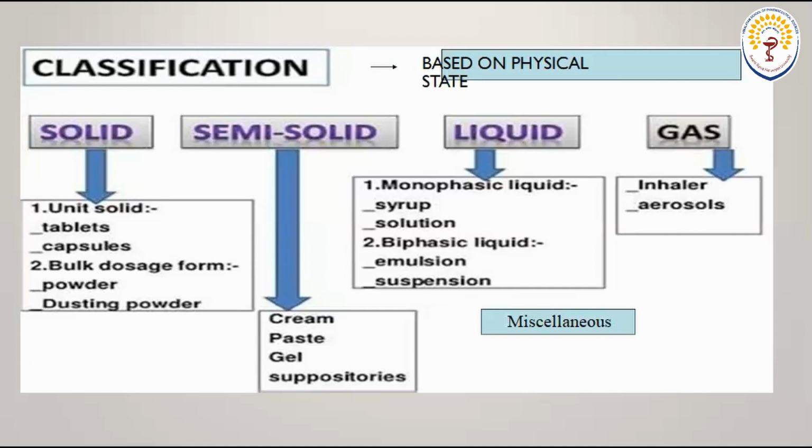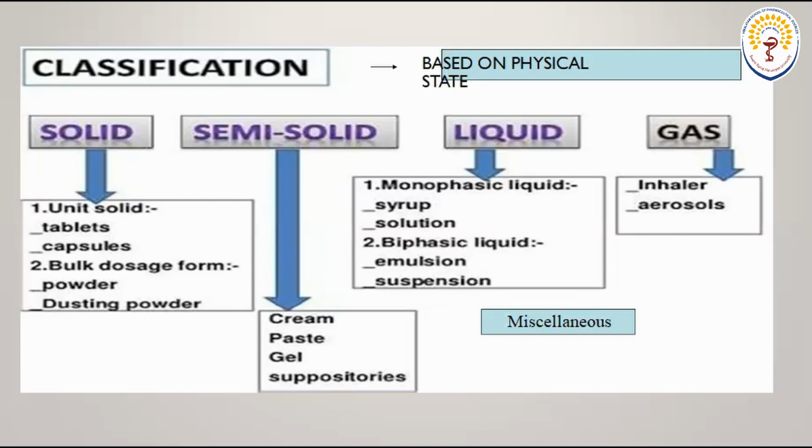Solid dosage forms are those in which one or two medicaments are mixed together, combined together in dry state, which are compressed or non-compressed, then converted into the tablet dosage form. If they are encapsulated into a shell, it comes under the capsule dosage form, or if they are given in a dry form, they are powder dosage form.